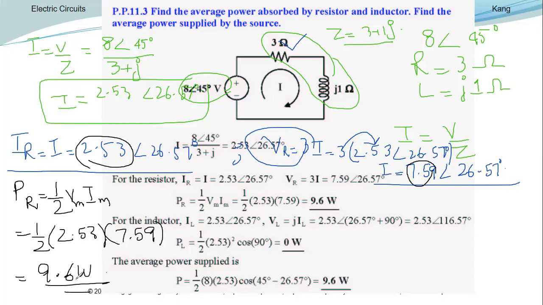The next is to find the values of current, voltage, and power for the inductor.